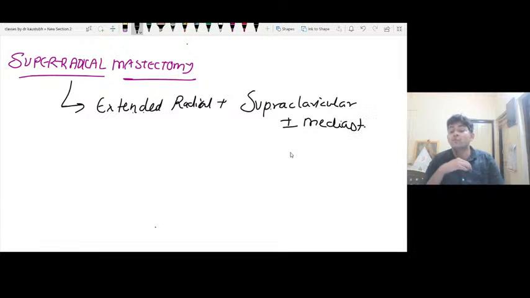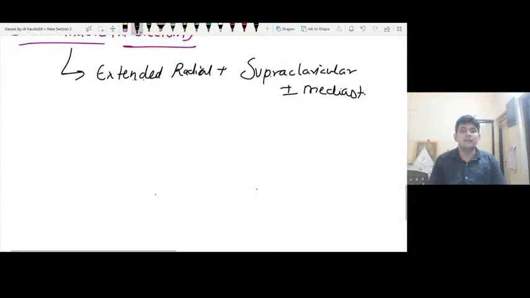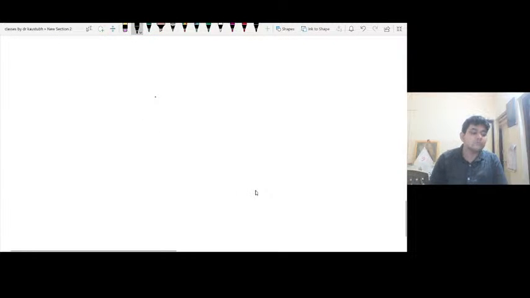So if you are removing all the components of Halsted's radical along with internal mammary, and along with that you are also removing supraclavicular and a few of the mediastinal group of lymph nodes, then it is called a super radical mastectomy, right?